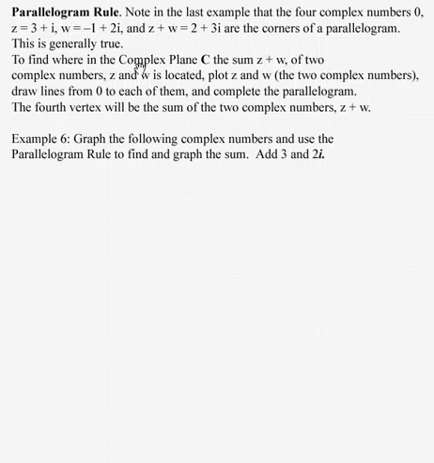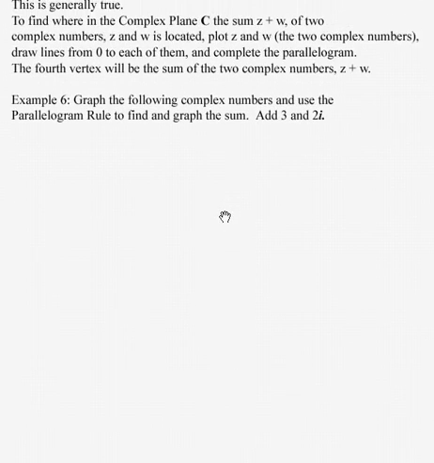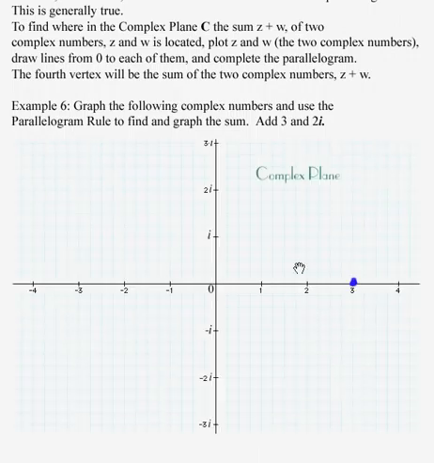So to find where in the complex plane the sum of 2 complex numbers are located, we can draw lines from 0 to each complex number and then complete a parallelogram, and that last vertex of our parallelogram will be the sum of the 2 complex numbers. So let's use that rule to graphically find the sum of 2 complex numbers.